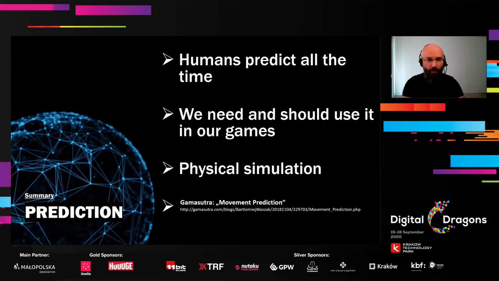So, shortly, a summary for movement prediction. We as humans actually predict the movement of objects all the time, because whenever an object is moving, we not only think about its current position, but also know where the object will land in a very short future, because we can predict and compute that movement in our brains.